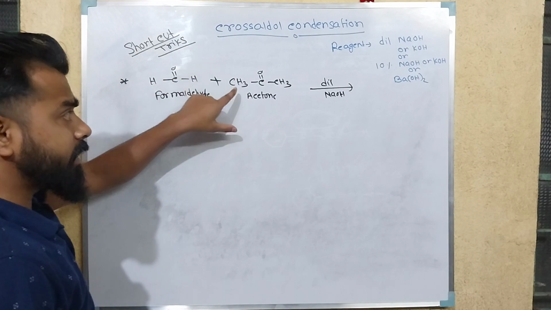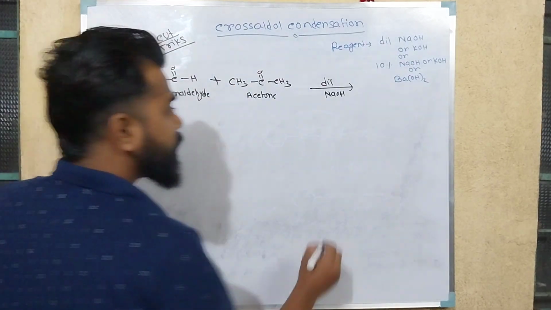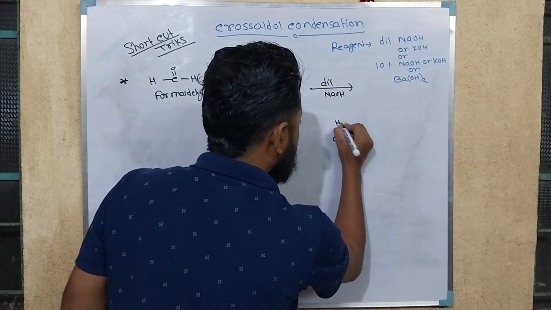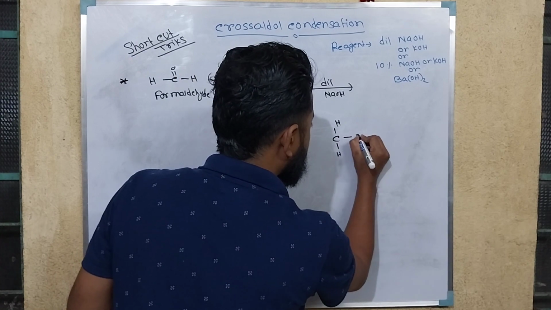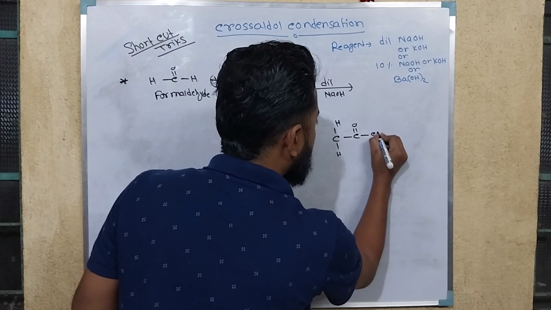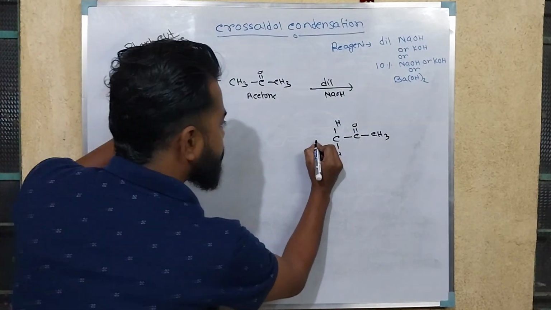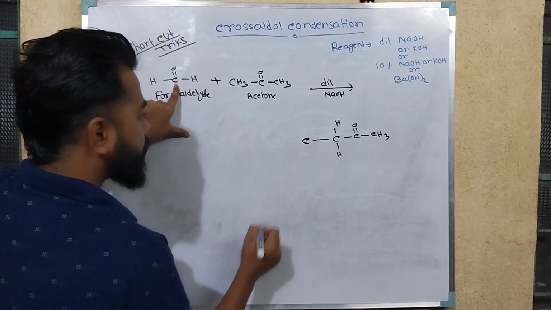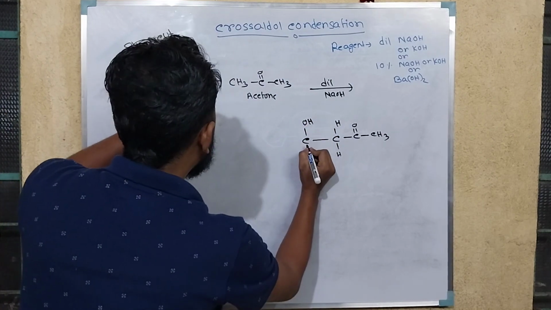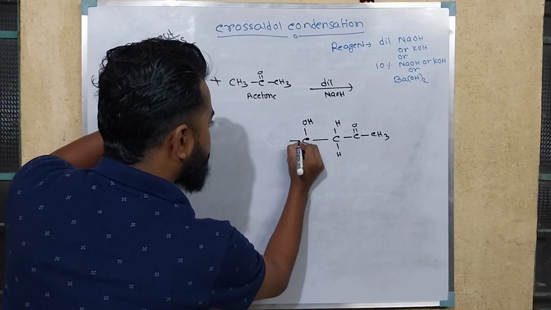So we write 1 alpha hydrogen less ketone. Then this carbon reacts with this carbon, directly attached with this carbon. So this is OH, 1H, other H.